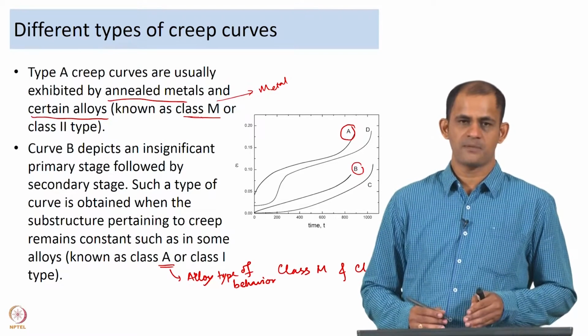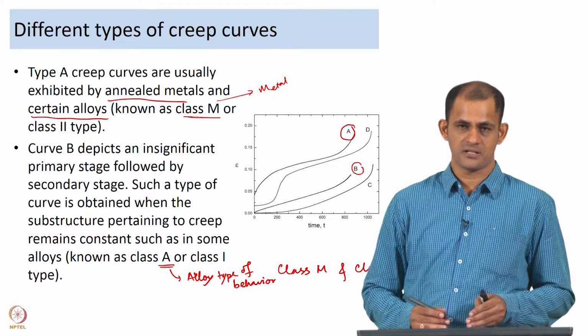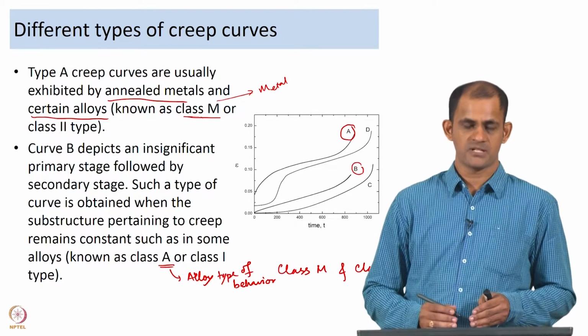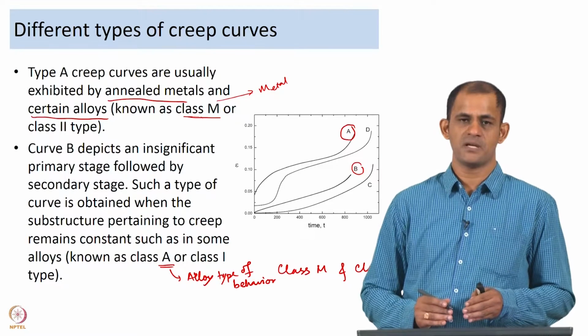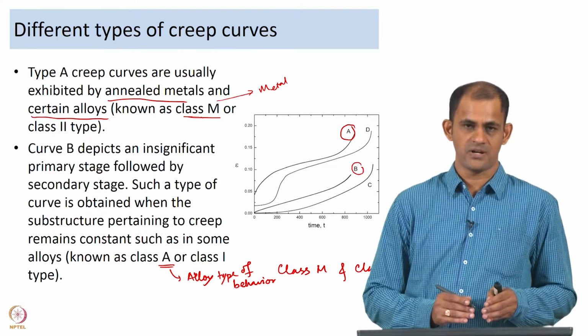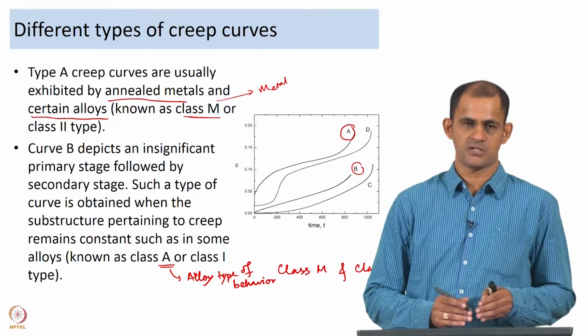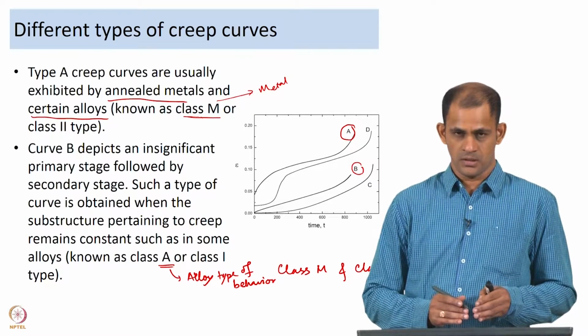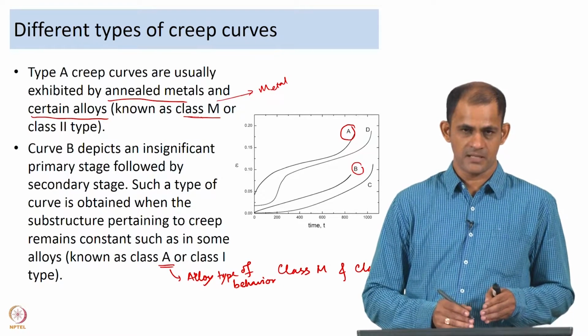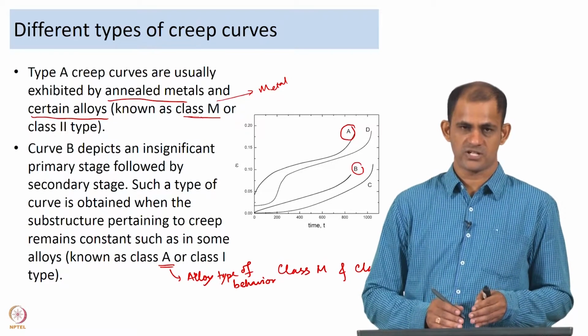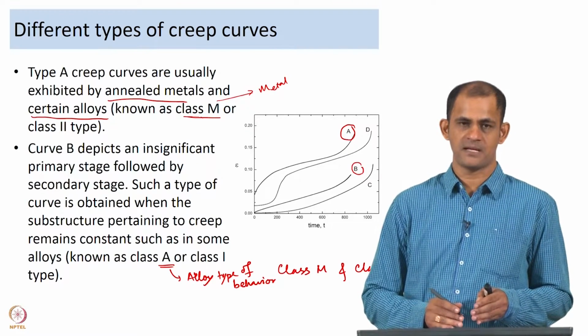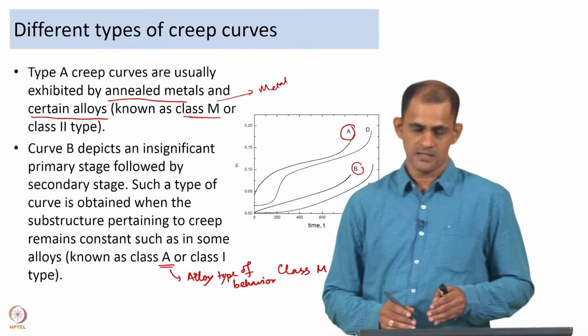So, during primary creep stage you have a substructure that is evolving, but if the substructure does not evolve and stays constant, or if it stabilizes very quickly, then your primary creep stage is also going to come down, and that is what is happening in type B, where the substructure is constant more or less right from the beginning, and that is why your primary creep stage is small.